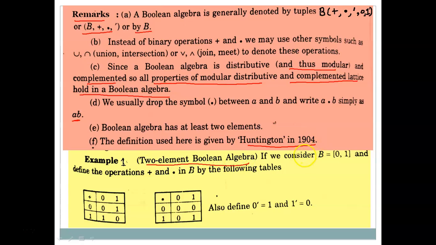How will this Boolean algebra of only two elements look like, and how can we visualize the properties of the Boolean algebra of two elements? We define operations plus and dot. I again repeat the same fact. Here plus does not mean the ordinary addition, dot does not mean the ordinary multiplication. These operations can be defined according to the set so that the properties of Boolean algebra are satisfied.